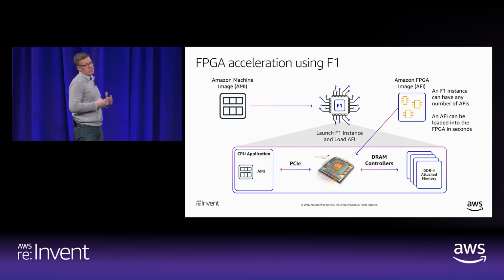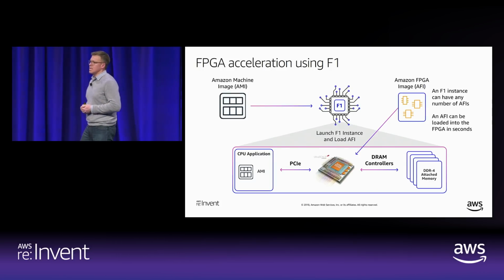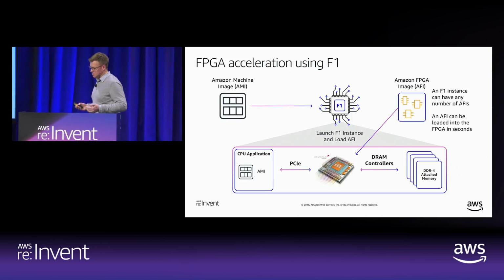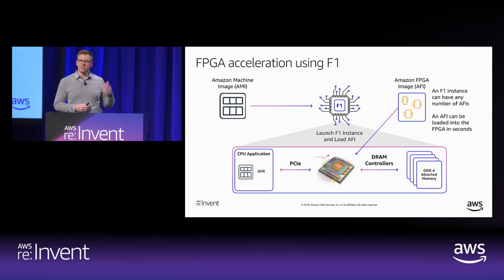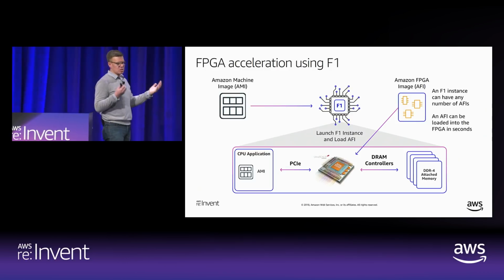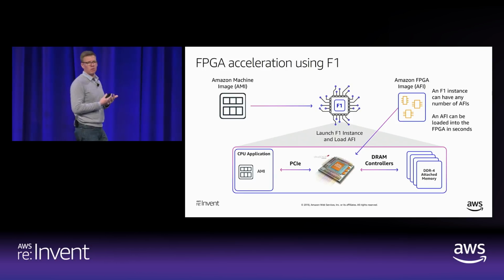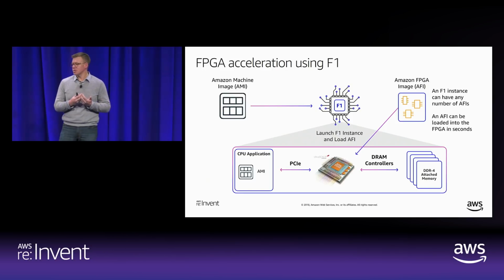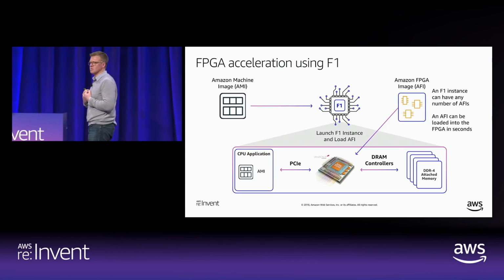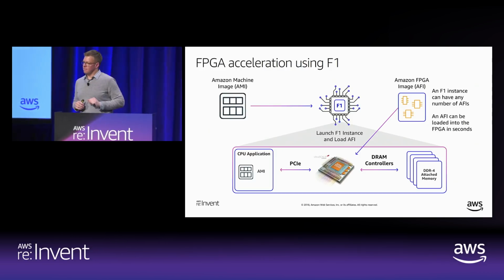That service runs entirely on native AWS. It's an EDA service, essentially, down underneath. It takes a checkpoint of your design, takes our shell, and merges them together in a method called partial reconfiguration, and writes out a bit stream and saves it into our secure servers. And we do all that on top of our EDA infrastructure.